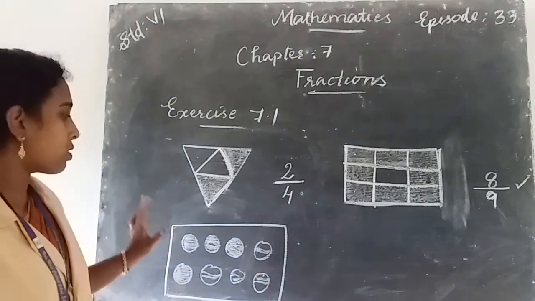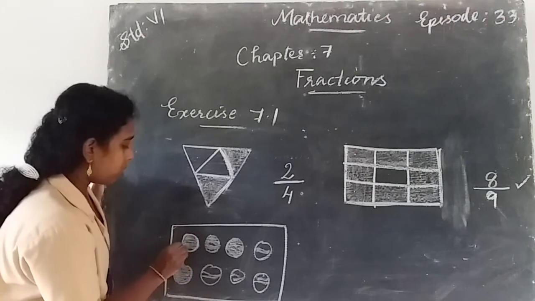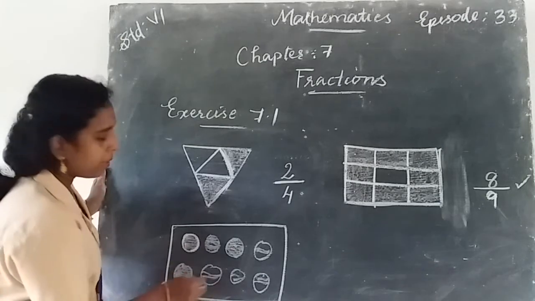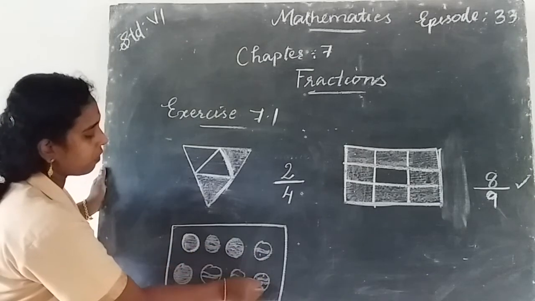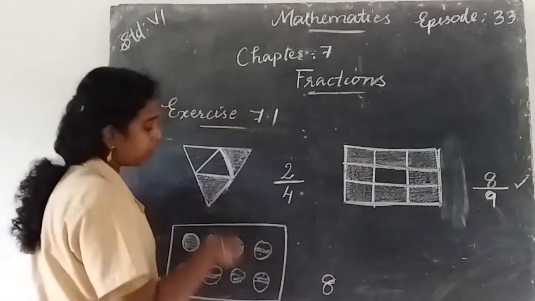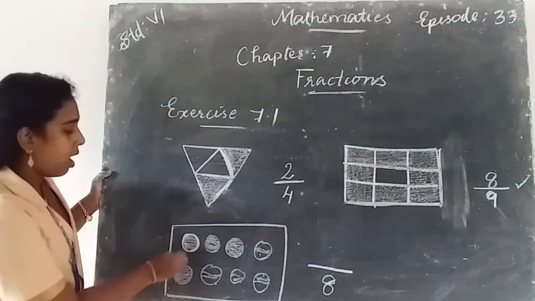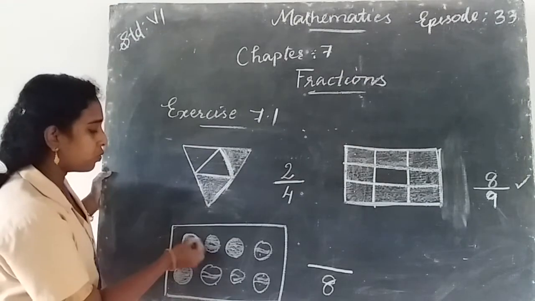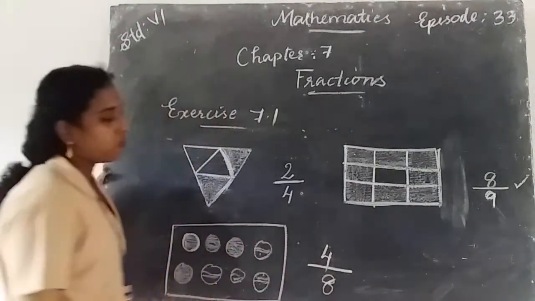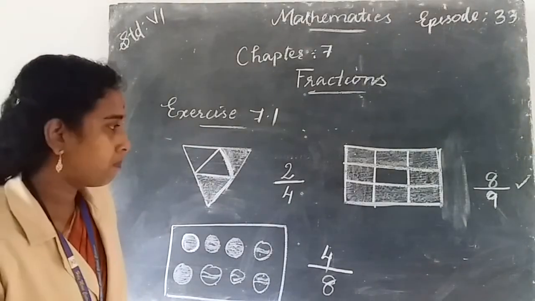What is the fraction of this figure? The whole is divided into how many parts? 1, 2, 3, 4, 5, 6, 7, 8. 8 parts. So write the number of equal parts as the denominator. How many parts are shaded? 1, 2, 3, 4. Write the number of shaded regions as the numerator. So 4 by 8.